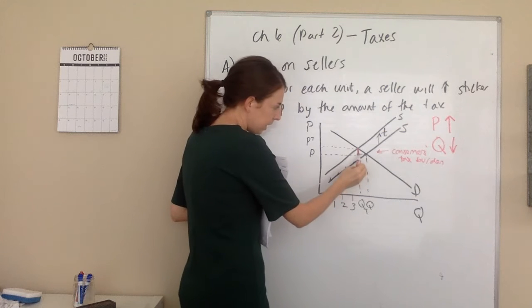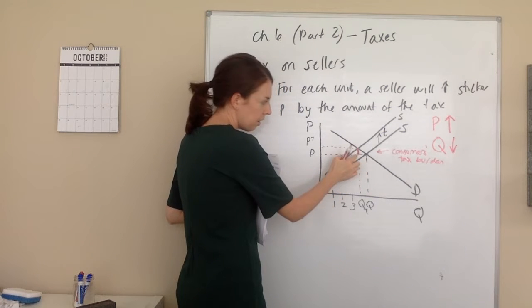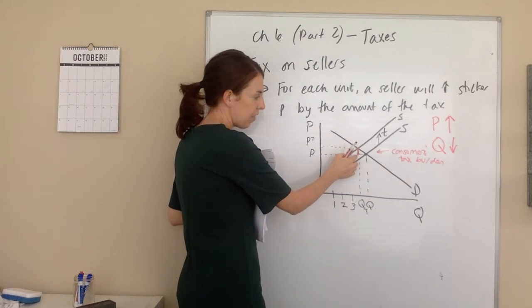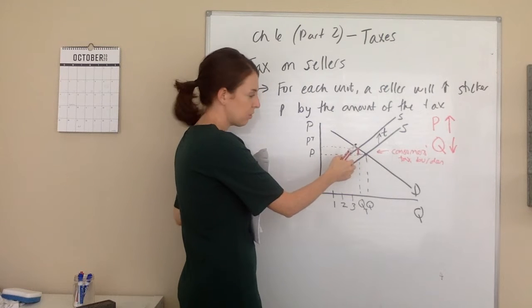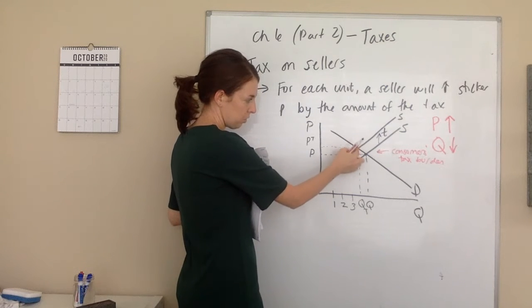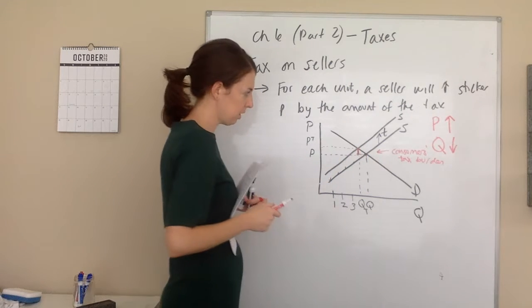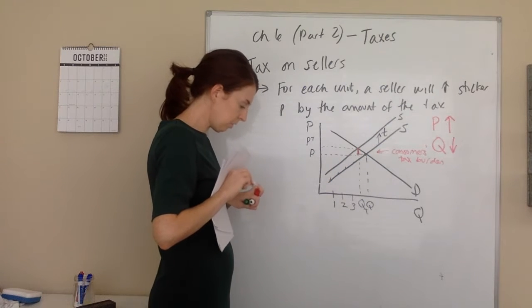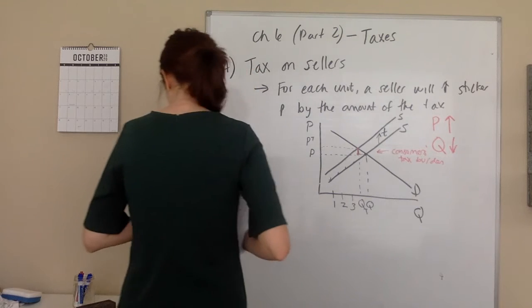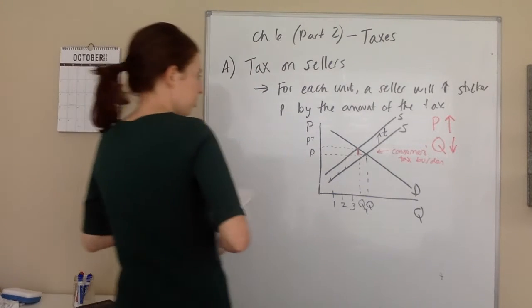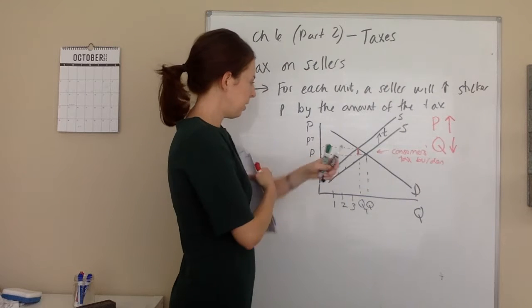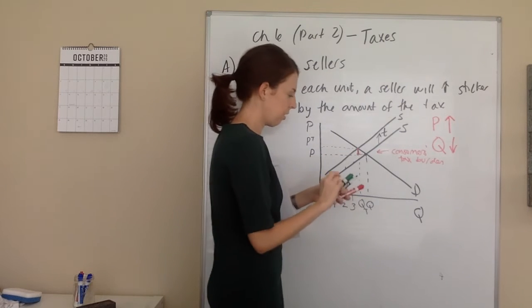There's another little leg underneath this red line that is left over. The whole vertical distance between these two lines is equal to the tax. A portion of that distance is the consumer tax burden. The leftover portion is going to be the producer's tax burden.